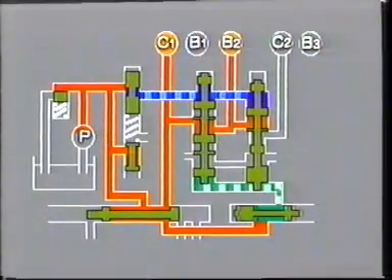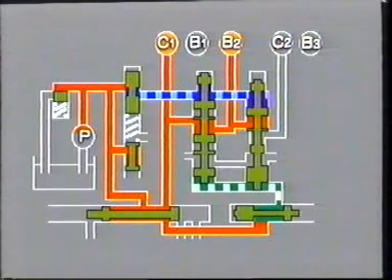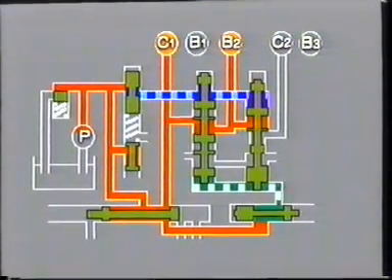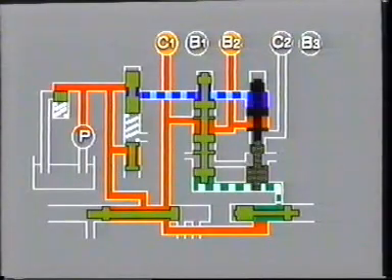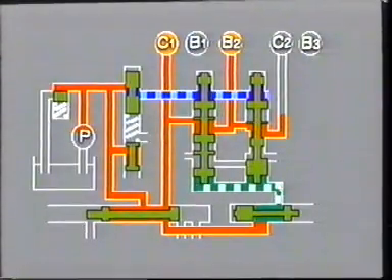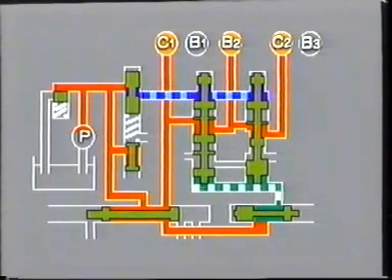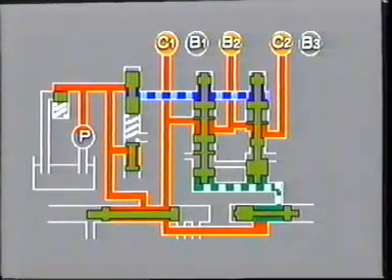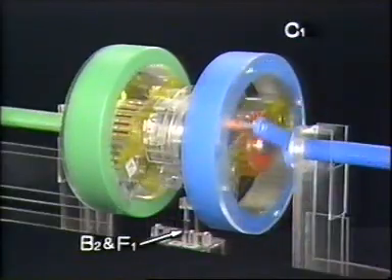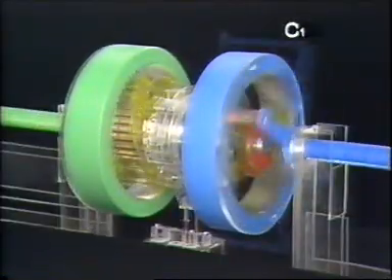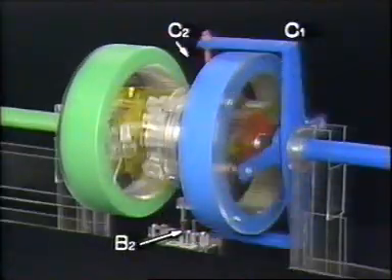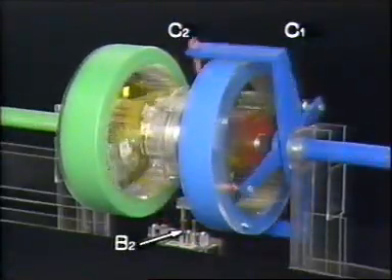As the vehicle's speed increases further, the governor pressure also increases and pushes the 2-3 shift valve upward. As the 2-3 shift valve is pushed up, it opens up another fluid passage to clutch C2. When clutch C2 is actuated, the input shaft is connected to the sun gear.